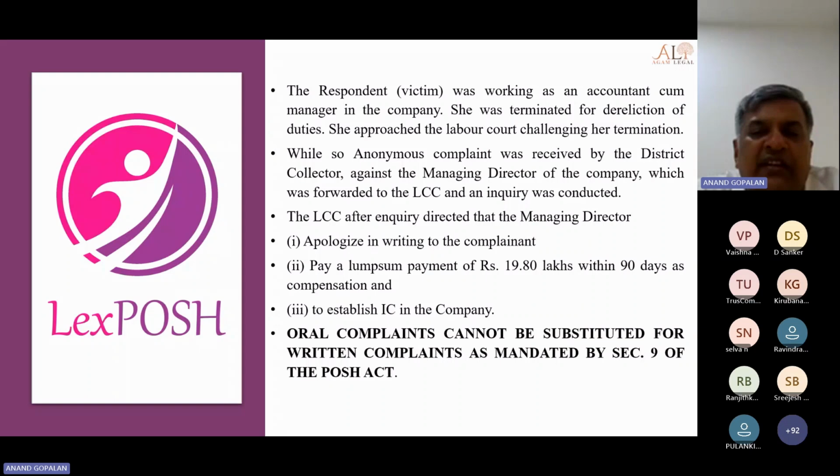But there was no written complaint at any point of time. There was only an anonymous complaint, and then of course, the victim was examined by the LCC, but they said because there is no written complaint, which is a mandate of Section 9, the recommendations of the LCC itself are bad. So therefore, at any point of time, you get to hear about a POSH complaint, you need to ensure that there is a written complaint by the victim.